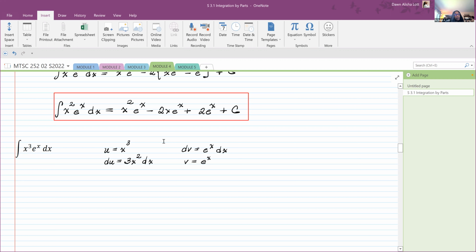So now I'm going to pull my integral down. This is going to equal u times v, x cubed times e to the x, minus the integral of v, which is e to the x, times du, which is 3x squared dx.